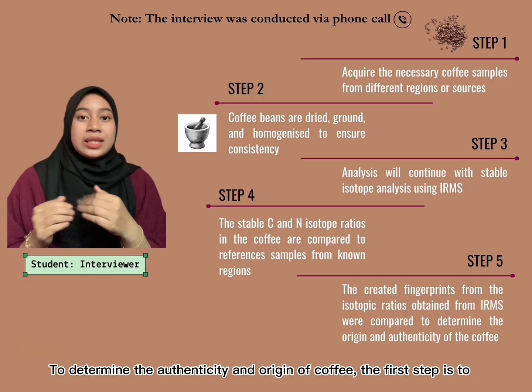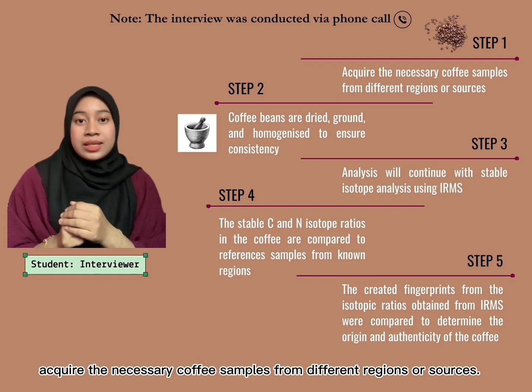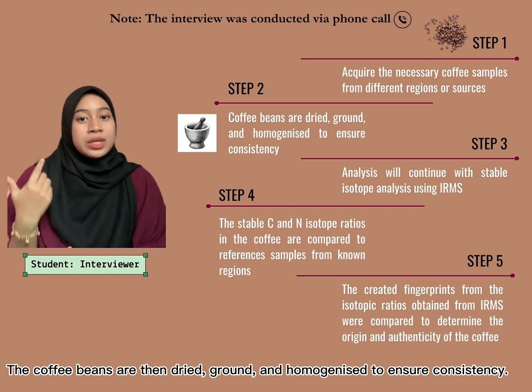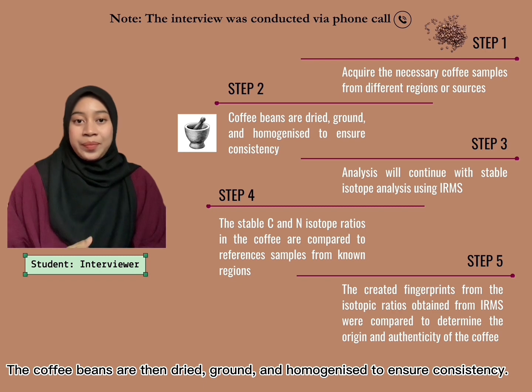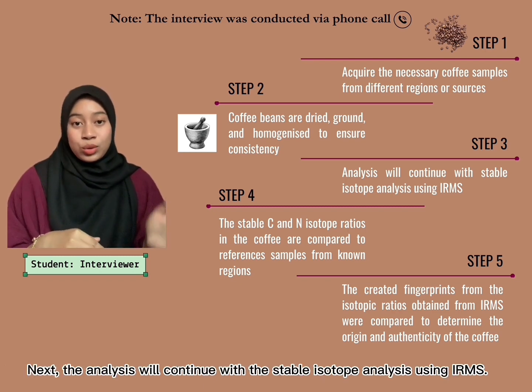To determine the authenticity and origin of coffee, the first step is to acquire the necessary coffee samples from different regions or sources. Coffee beans are then dried, ground, and homogenized to ensure consistency. Next, the analysis continues with the stable isotope analysis using IRMS.